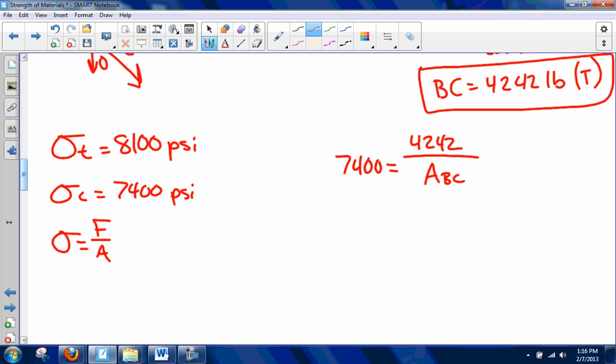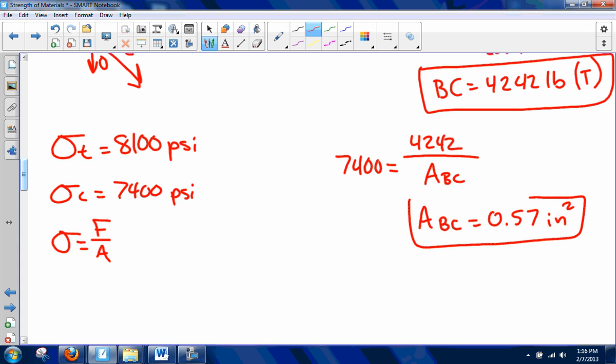So I put in my calculator 4,242 divided by 7,400, and I should get that area of BC is equal to 0.57 inches squared. Okay.